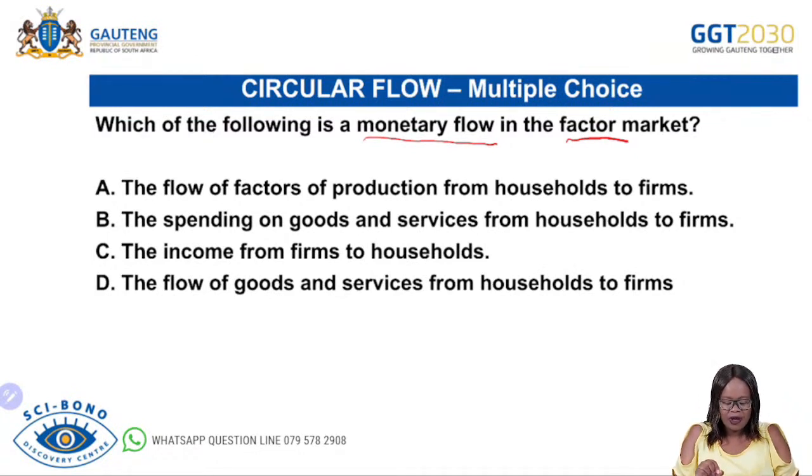Option C says the income from firms to households. Income is money, and we spoke about monetary flow. It also says from firms to households. So that is the correct option, option C.